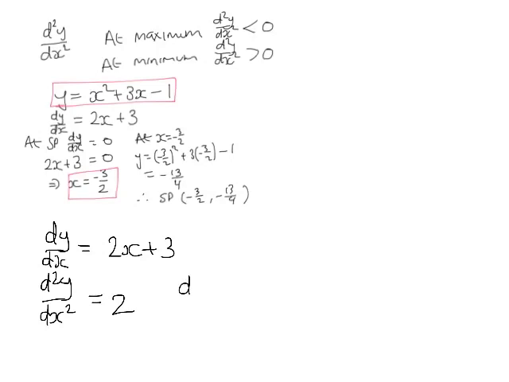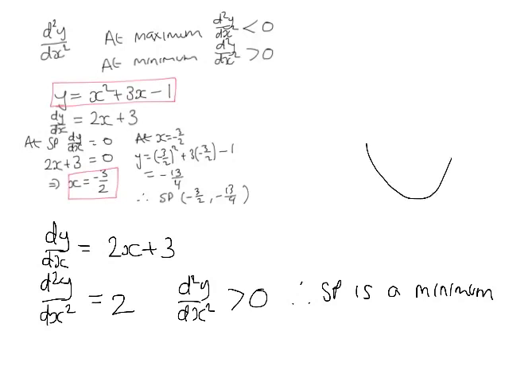And we can say 2 is greater than 0. Therefore, our stationary point is a minimum. If we think about the graph of y equals x squared plus 3x minus 1, it is a positive shape parabola. So we expect that our stationary point is going to be a minimum.